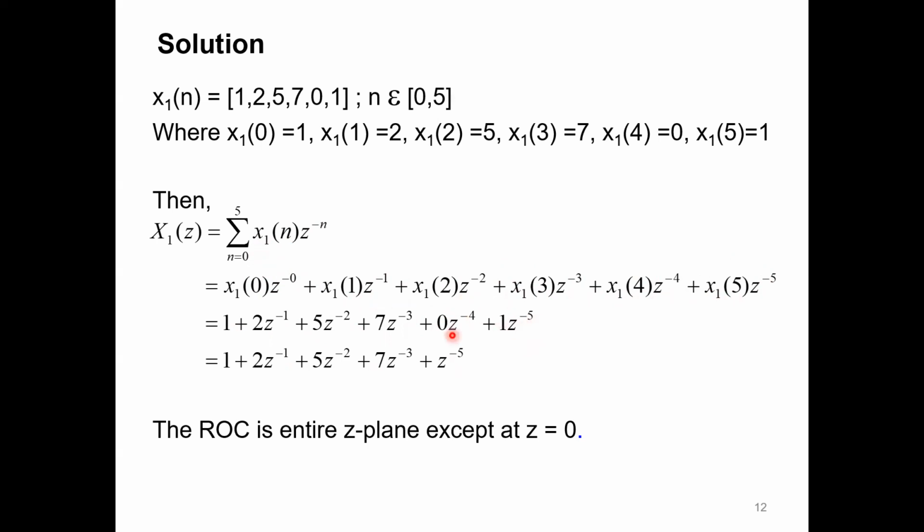You get to this expression. Now you see it's a polynomial of z to negative powers: z to the minus 1, minus 2, minus 3, minus 4, minus 5. So this is the Z transform of the first signal. Now you are able to do this for any signal sequence given to you. Now you can calculate the Z transform.